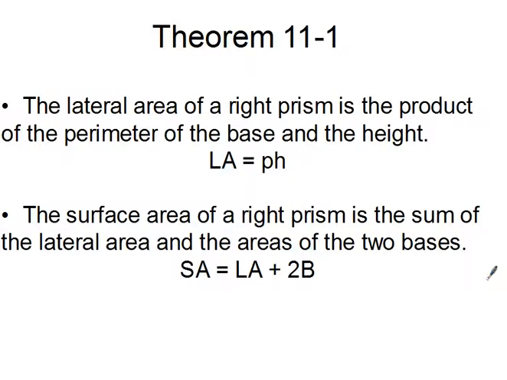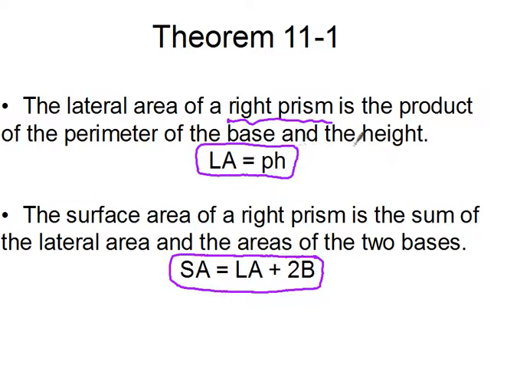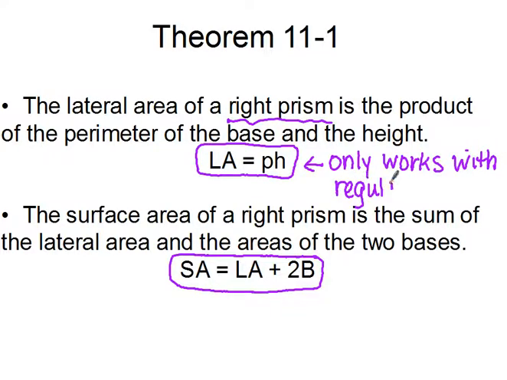Alright, so some formulas here. And this actually only works with a right prism. If it's oblique, it doesn't work. And the formula down here is actually the one that I used before. It only works with the PH as your LA. This only works with regular polygons.